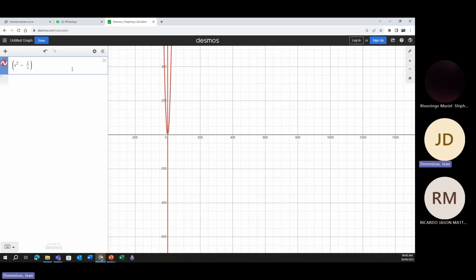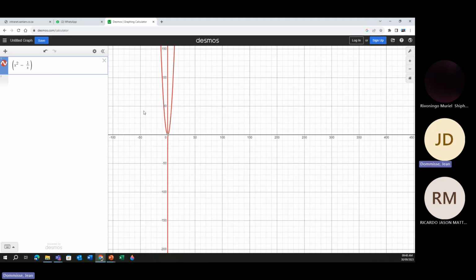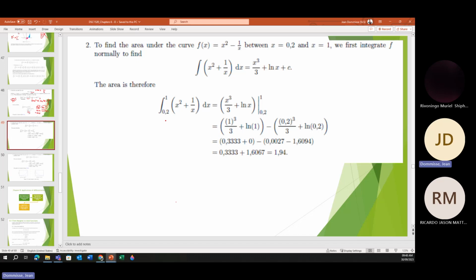So I will get you guys a better tool that one can look at, because again, one just wants to get a view of how the graph looks like, so that when you need to start working out areas, at least you have a view of it.